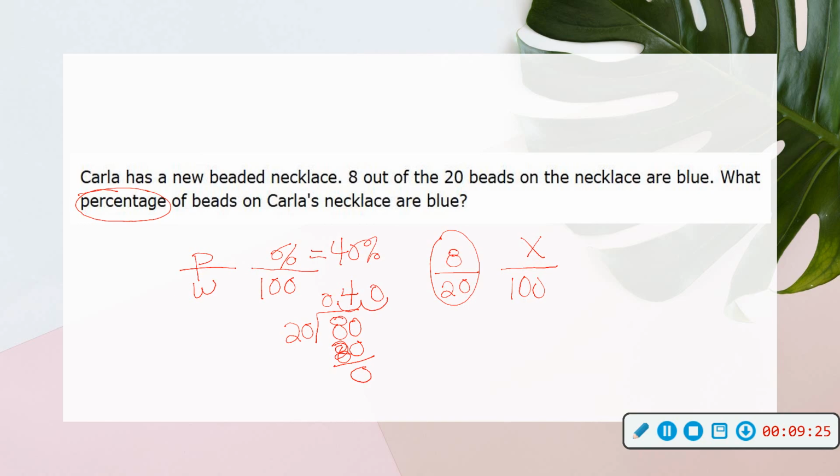But let's check my answer by doing it in a proportion way. I see a relationship, so I know that 20 times 5 will give me 100. So 8 times 5 gives me 40. Try this one independently.